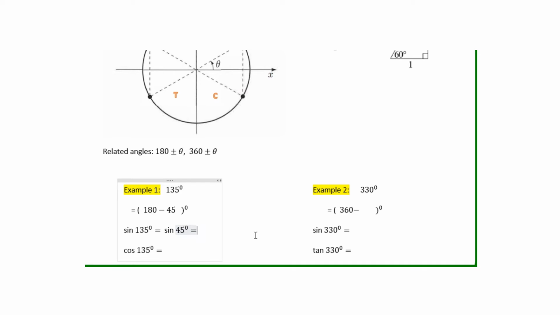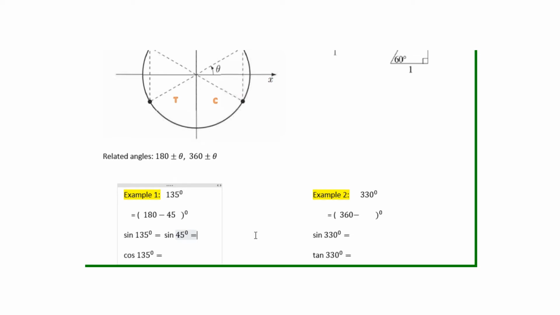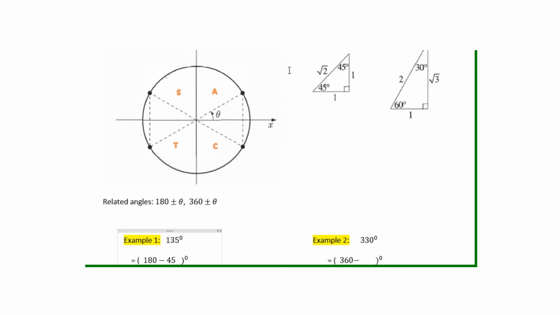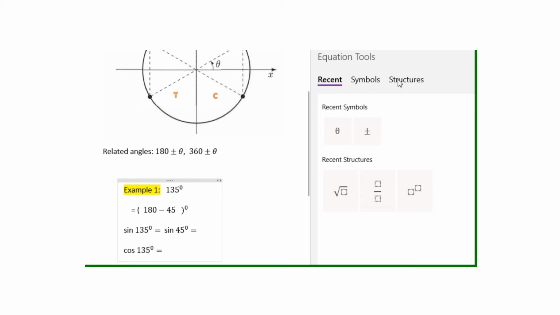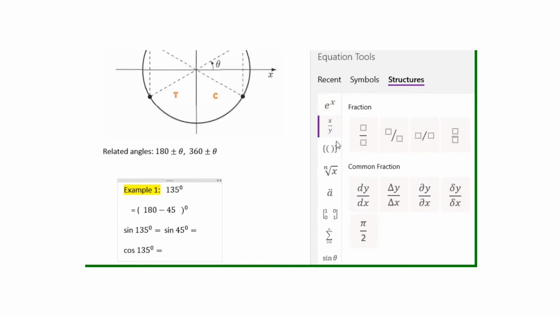Okay, and using our triangle, let's look back at our triangle, sine 45, so let's pick that angle 45 over here. Sine is O over H, so 1 over root 2, so the value will be 1 over root 2. So that will be the exact value.